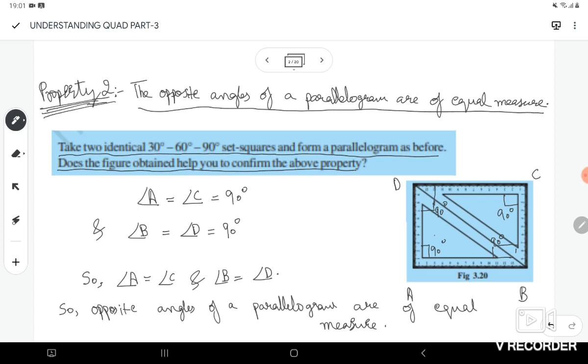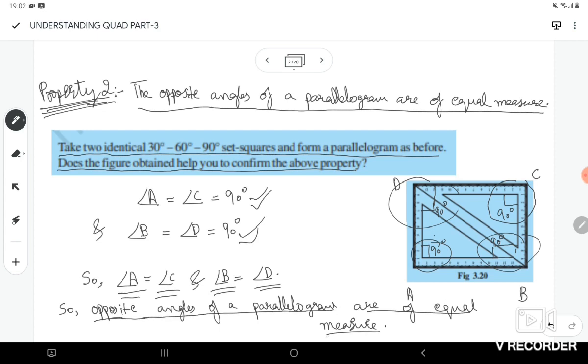On measuring the angles, we will find that angle A as well as angle C would be equal to 90 degree, and angle B and angle D would be equal to 90 degree. So we can clearly see that angle A equals angle C and angle B equals angle D. So opposite angles of a parallelogram are of equal measure.